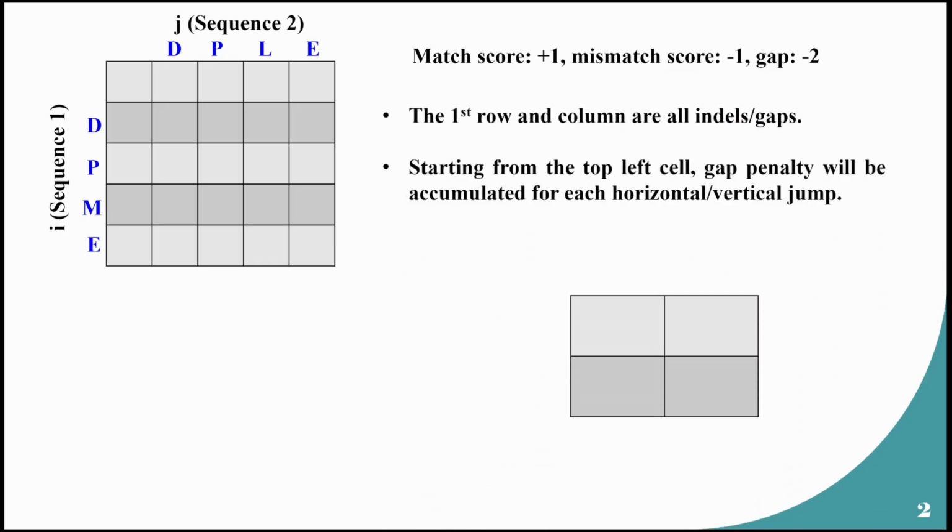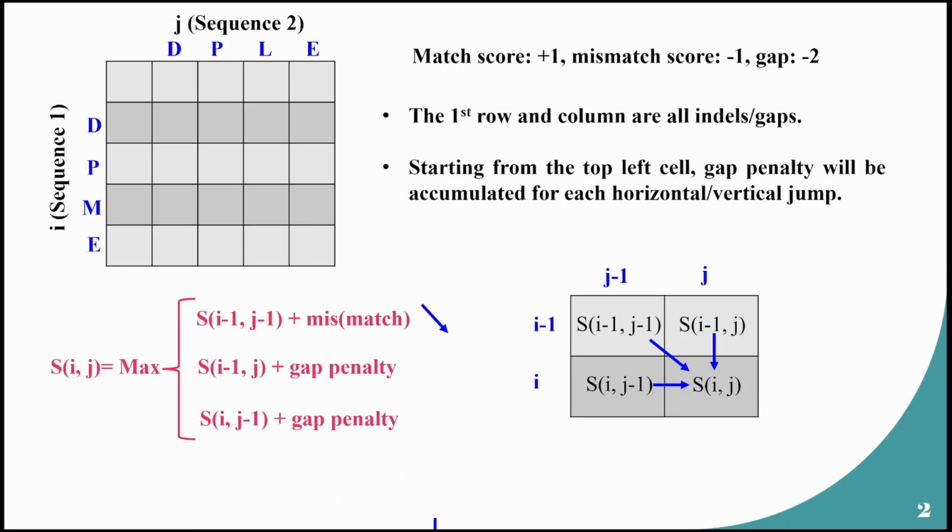As you said, if I bring together all of the slides here, first we have to initialize the grid. We start with a 0, and then for each of the horizontal and vertical jumps, we add a gap score for the first row and first column, right?